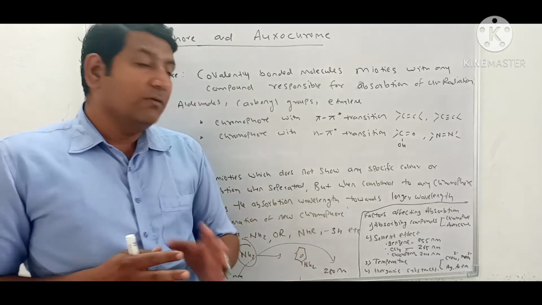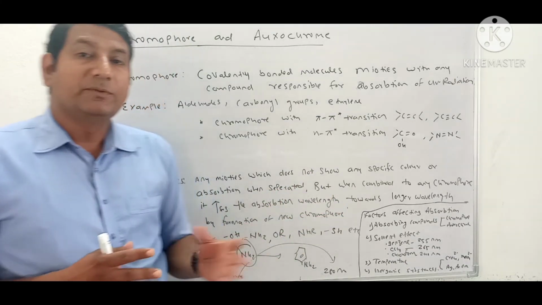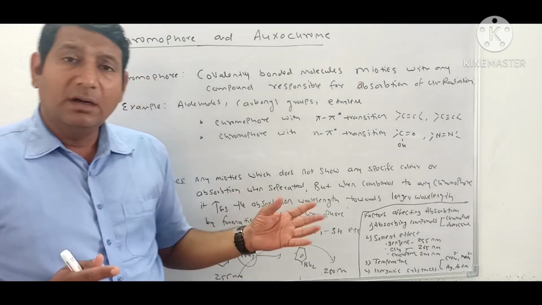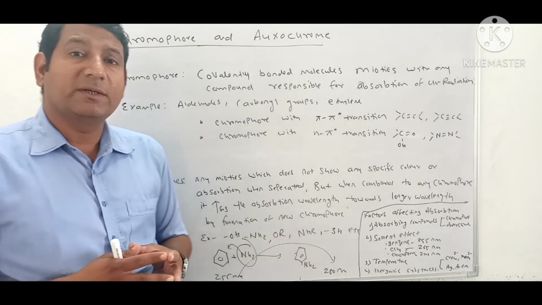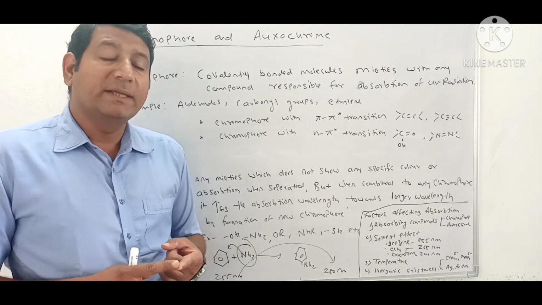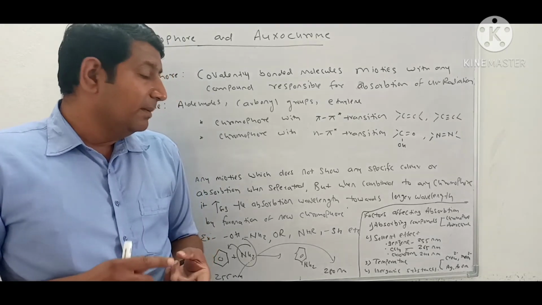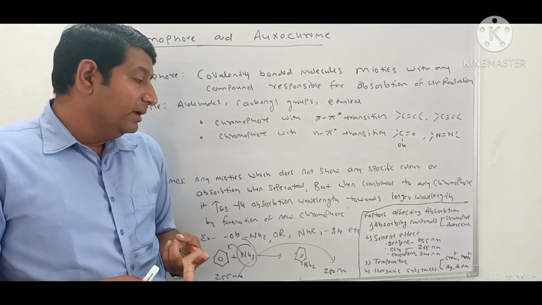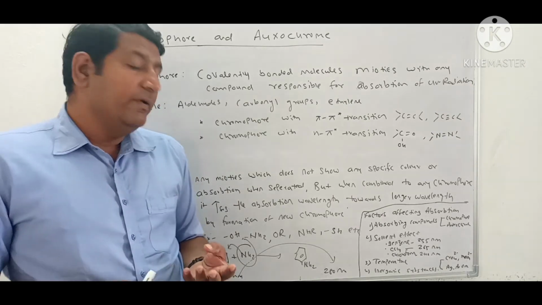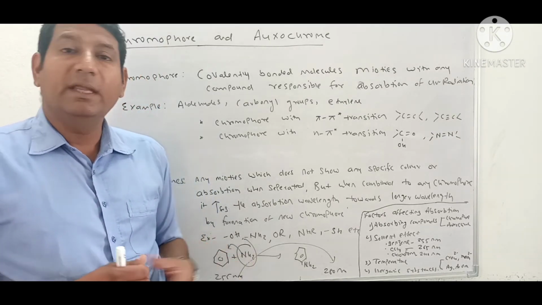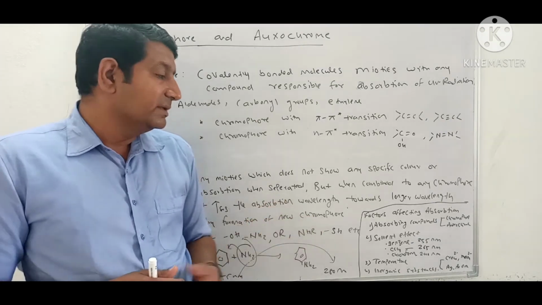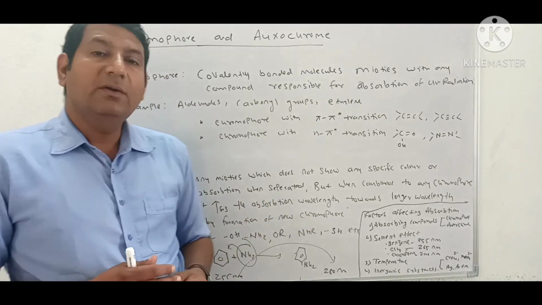So basically these are the 4 factors which affect the absorption of a substance in UV visible spectroscopy. Number 1 is effect of presence of absorbing substances. Effect of solvent, effect of temperature, and effect of inorganic substances or inorganic moieties like chromium oxide, manganese oxide, silver and gold.